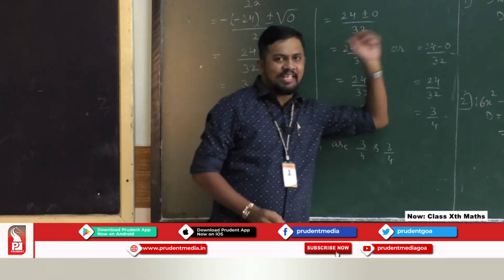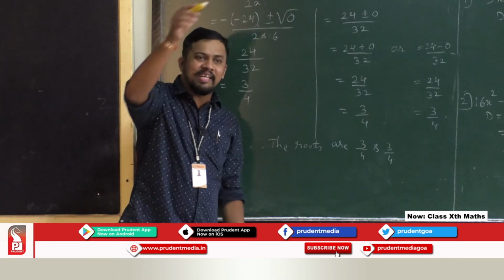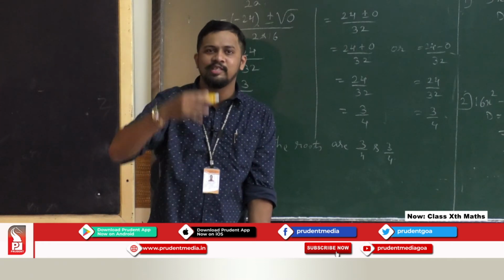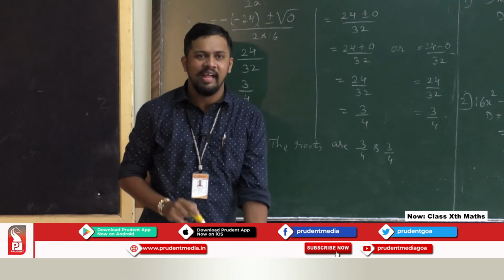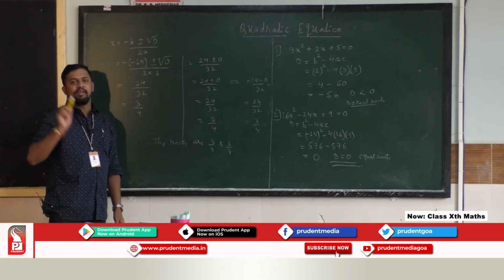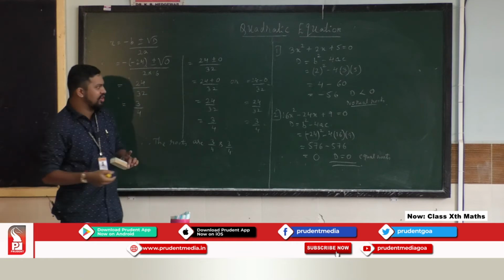When D is less than 0, no roots, negative number. And in the earlier problem which we have done, D was greater than 0. That was my first condition. When D was greater than 0, it was two distinct, real roots. Let me take one example about that, two distinct real roots.